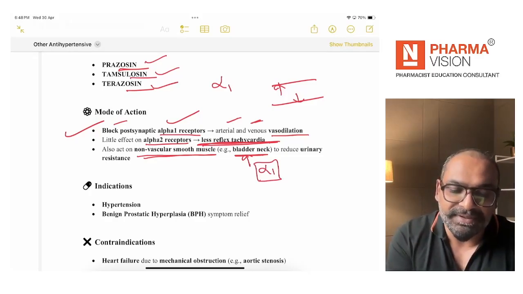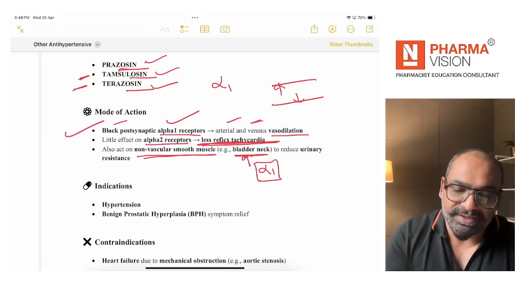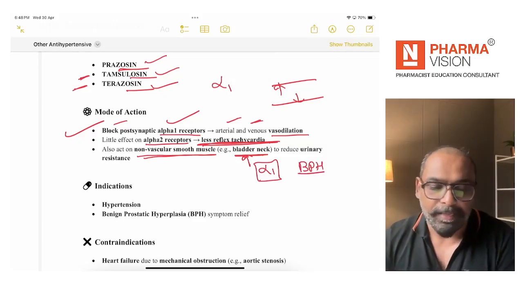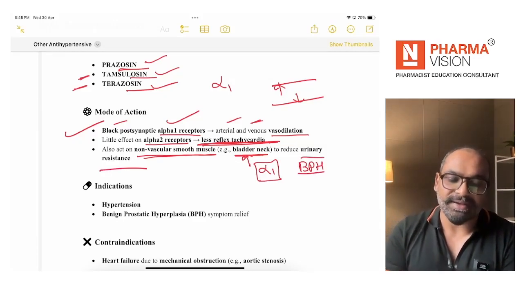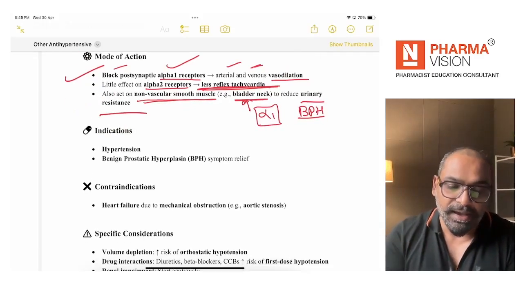Tamsulosin and terazosin are more specific for the bladder neck, and that's why these medications have a primary use in BPH, benign prostatic hypertrophy. Urinary resistance can be minimized with such medications.